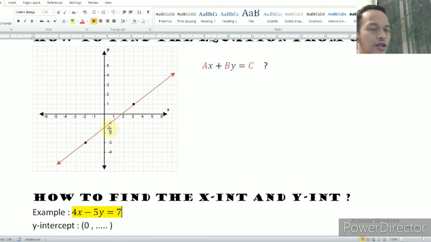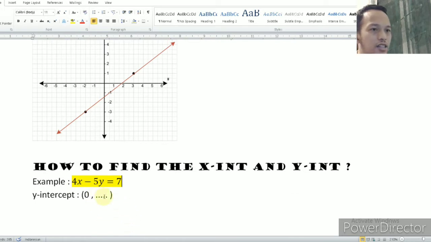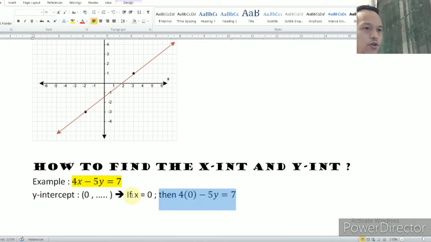Since we know that the value of x equals 0, to find the y-intercept we substitute x by 0. So if x equals 0, then I substitute it into the equation. I have this, right?